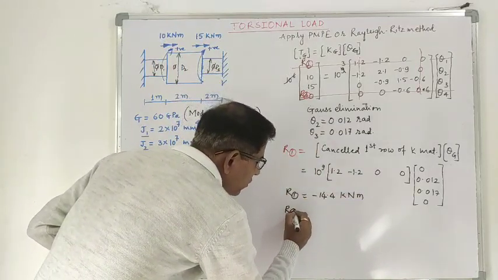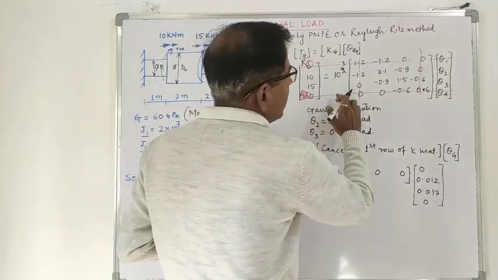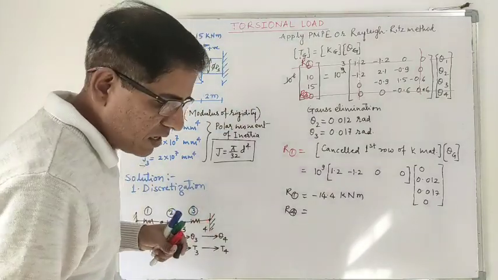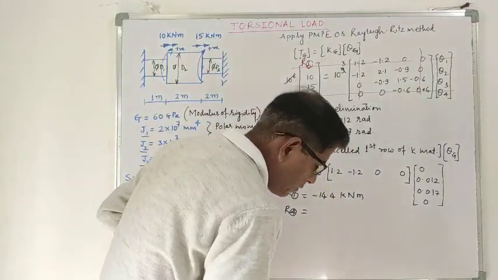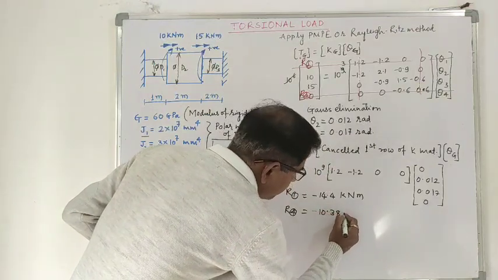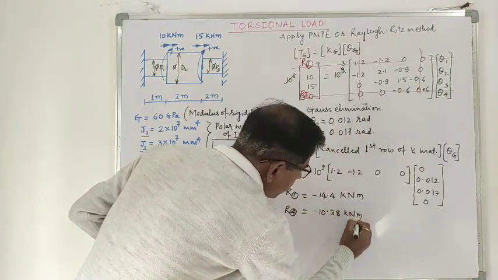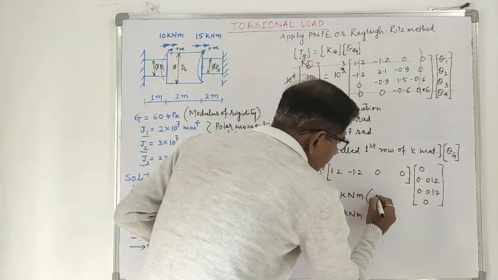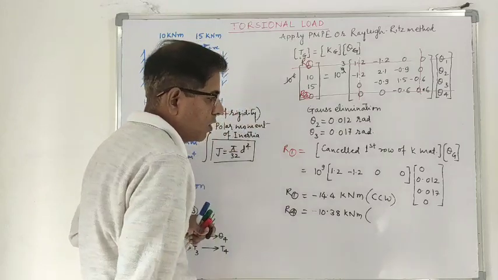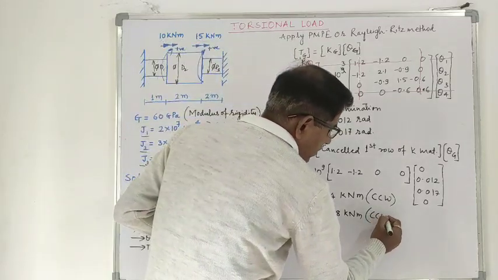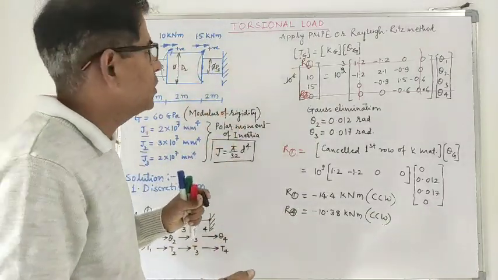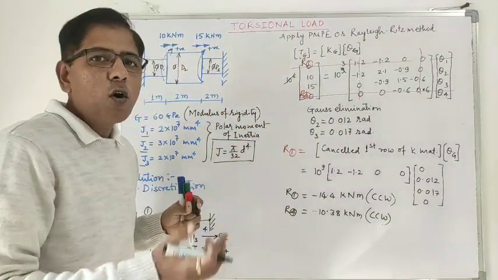Similarly, the reaction at node number 4 can be found by the cancelled fourth row of the K matrix multiplied by the global displacement matrix, and the answer comes out to be minus 10.38 kilonewton meter. The negative sign indicates that a counterclockwise torque is applied here, because the reaction is exactly equal and opposite to the external torque applied.